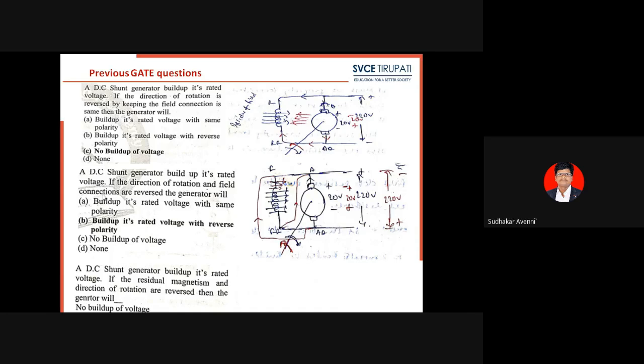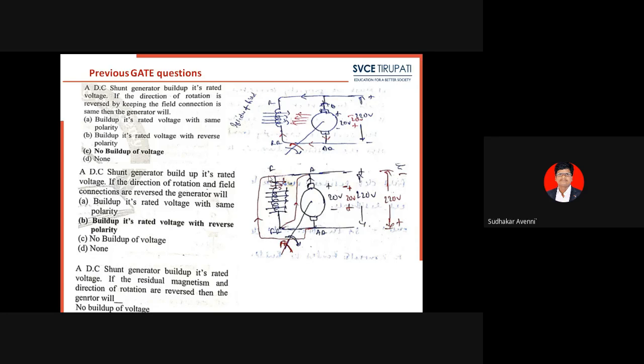On what basis can you recognize that B is the right answer? When the direction of rotation is reversed, the residual voltage buildup in the armature terminal is also in the reverse direction. The field terminals are also reversed, so the current flowing through the field winding is also in the reverse direction.